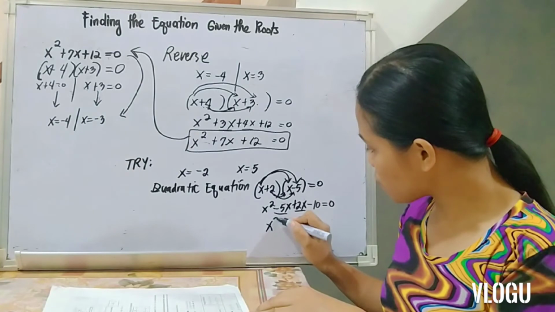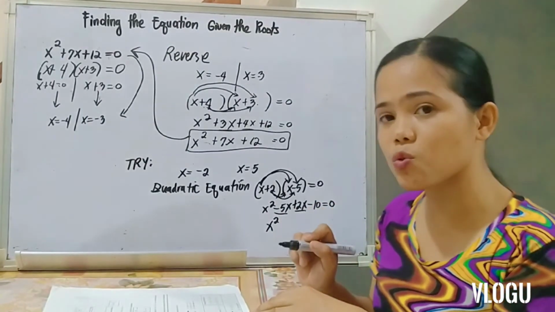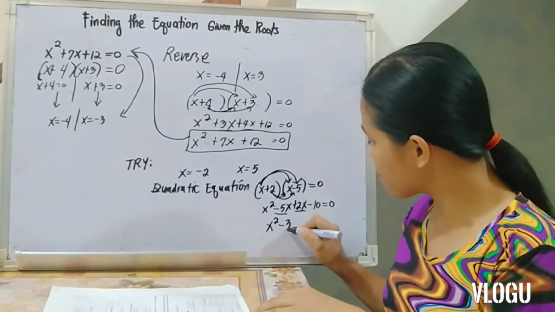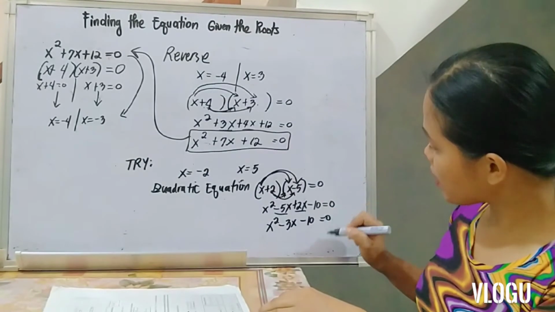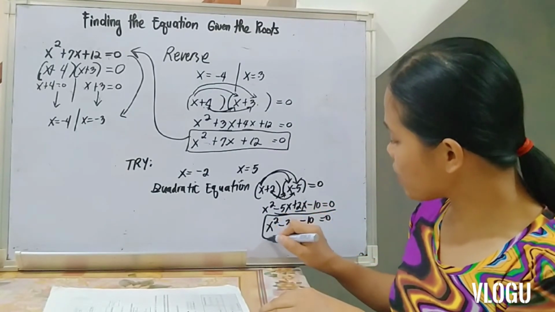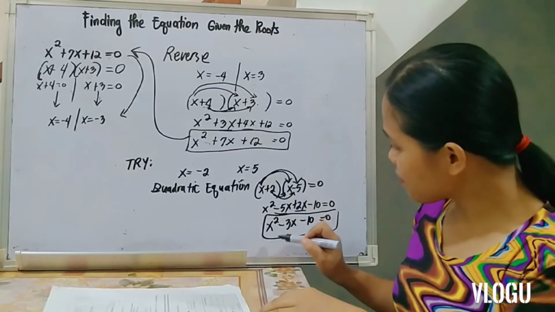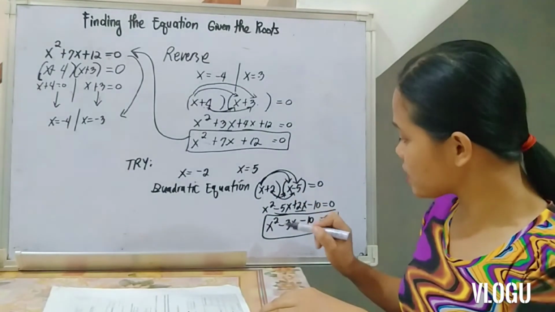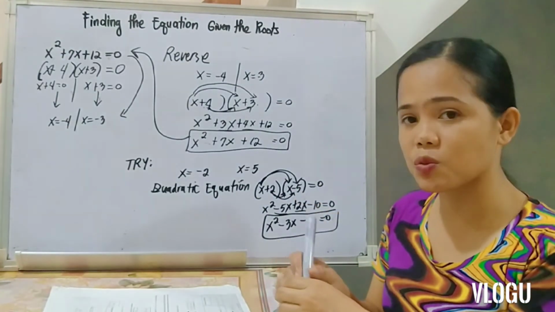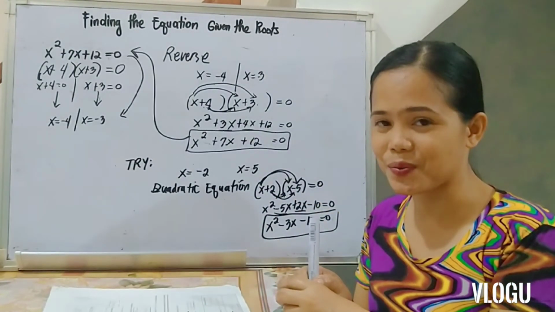So you have x squared, negative 5x and 2x will become negative 3x. We copy negative 10 equals 0. Therefore, our quadratic equation from the roots x equals negative 2 and x equals 5 is x squared minus 3x minus 10 equals 0.